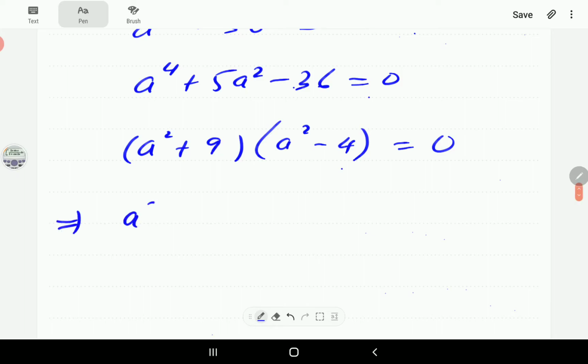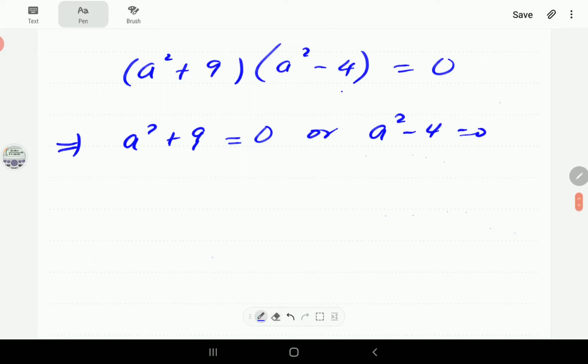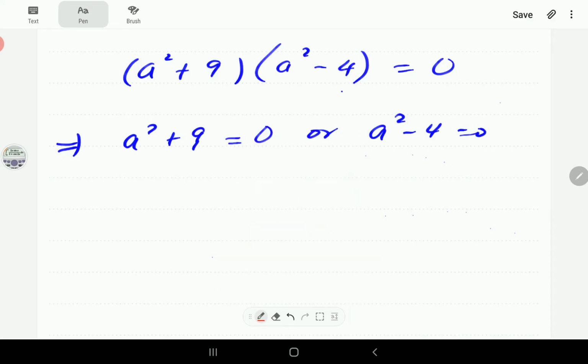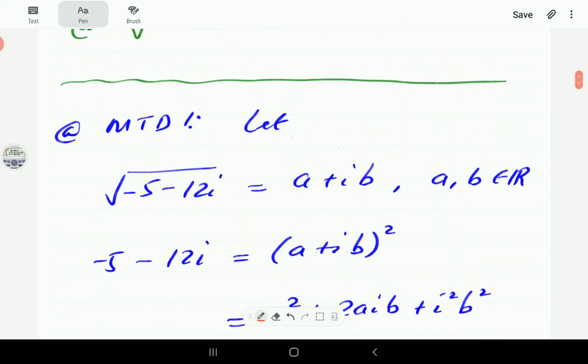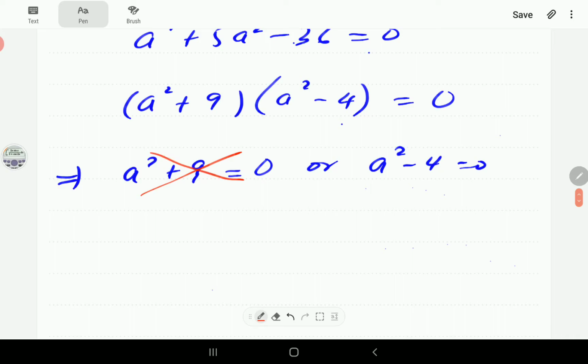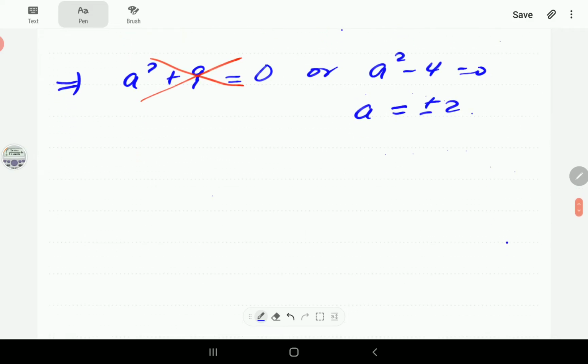This tells us that either a squared plus 9 is equal to 0, or a squared minus 4 is equal to 0. The first one would give us a equals plus or minus 3i, but remember, we have restricted a and b to be real, so we discard this one. The second one gives us a is plus or minus 2, so that is the one we're going to go with.